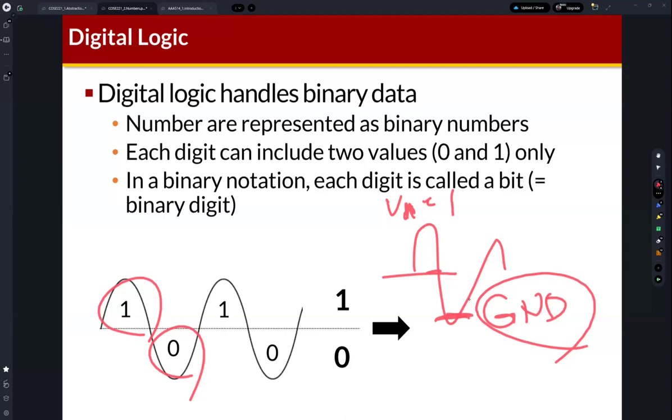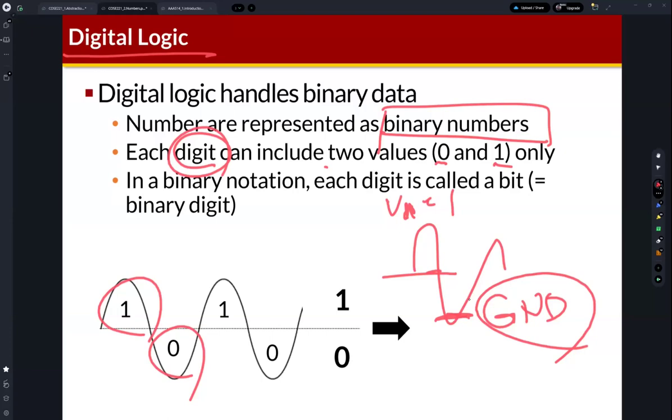So digital logic or digital systems use binary numbers, obviously. Why? In a binary number, each digit can include only two values, 0 and 1.